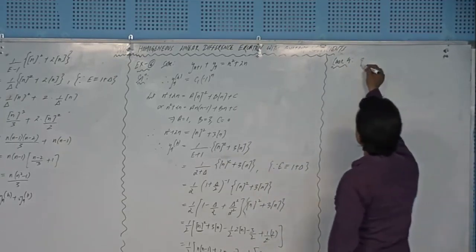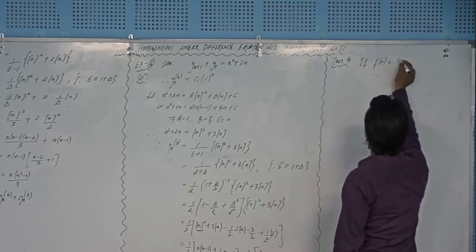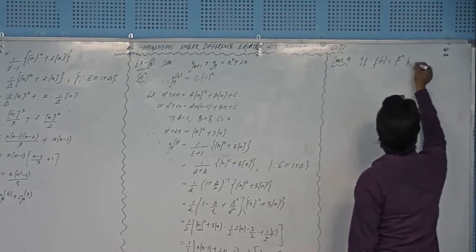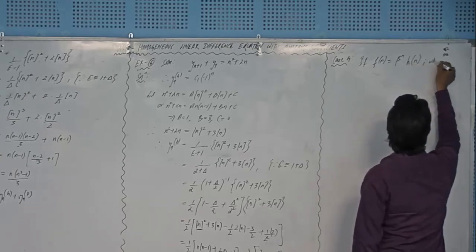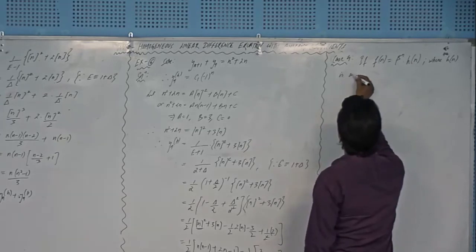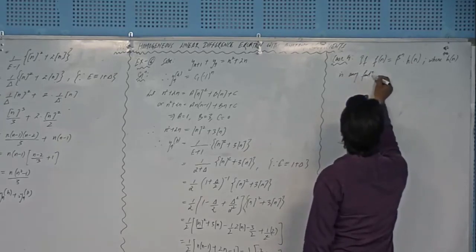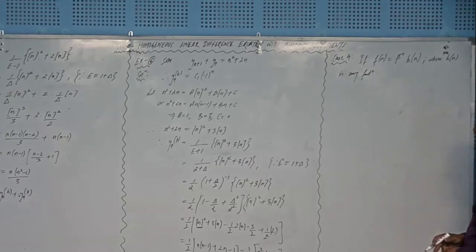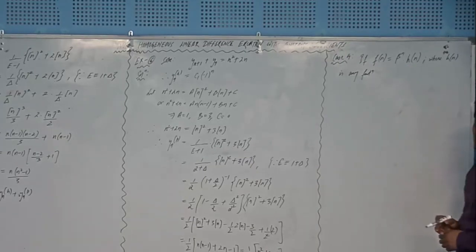So if the right hand side is, if fn is equal to beta to the power n multiplied by some function, and let me take that function hn, where hn is any function. Any function means sine function, cos function, or in the third case it is a polynomial, right?